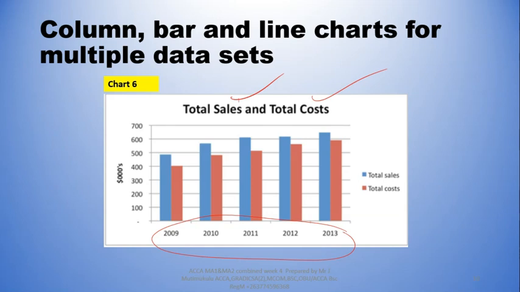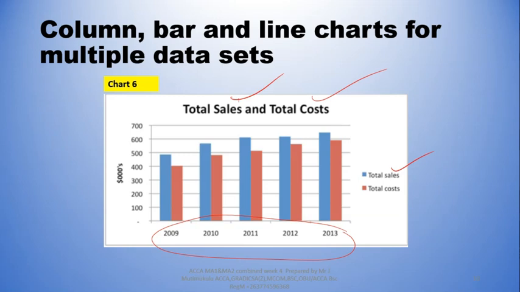Now we need to know how to interpret this type of graph. As can be shown there, each year we are having 2 column charts, 2 bars or 2 columns, which represent the information for sales and cost as given by the legend here.